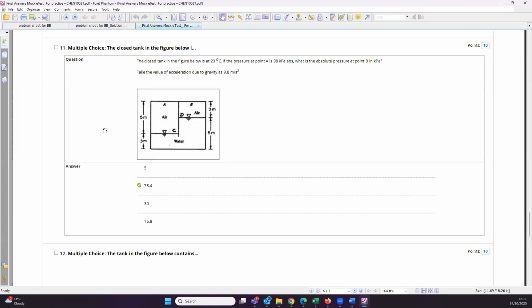I said that you have to use the ideal gas law, PV equals nRT, to calculate the density, because, again, the density of air or any gas changes a lot with pressure, so you cannot assume it is constant. So please do not use rho gh for gases. If that's what you did and you got the answer correct, that's a coincidence, but it can lead to a wrong answer. So please do not use rho gh for air or gases, only for liquids.